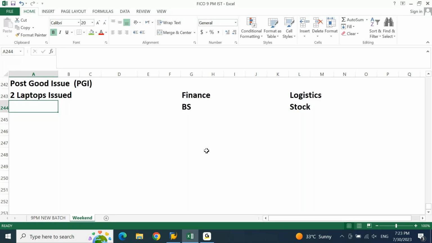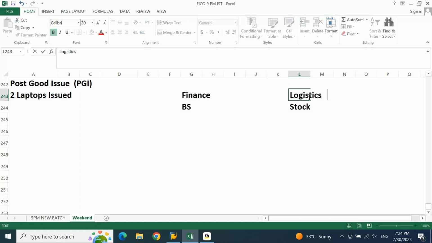When I say that I am issuing 2 laptops to the customer, point number one, before I issue the laptop, I should have stock available with me. So before I hand over 2 laptops to my customer, I will make sure that I have sufficient stock with me. To check whether the stock is available or not, I am dependent on logistics. Logistics is nothing but the materials management module.